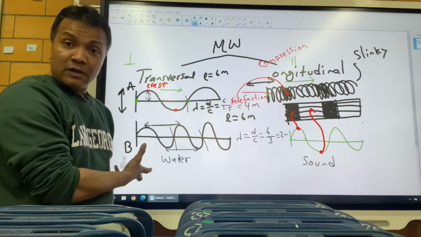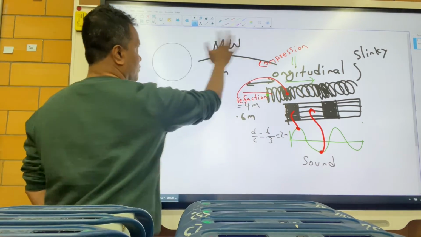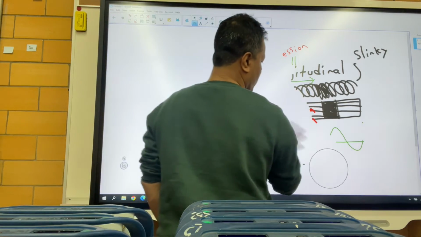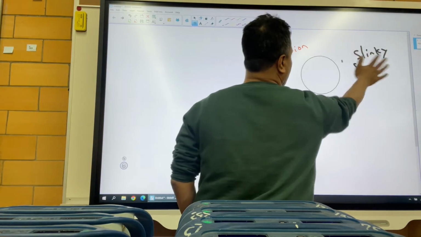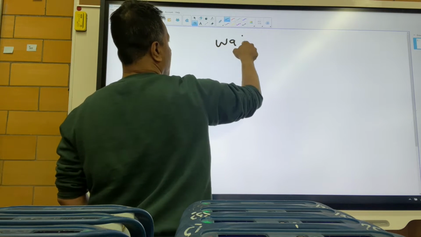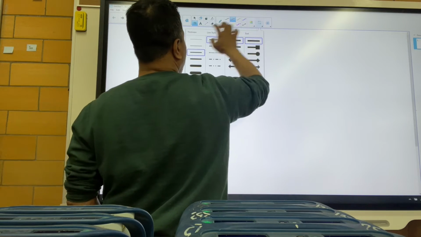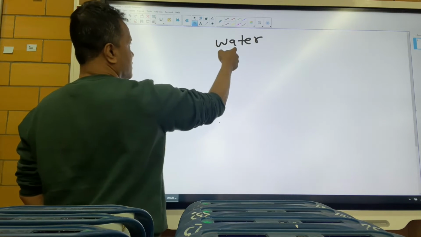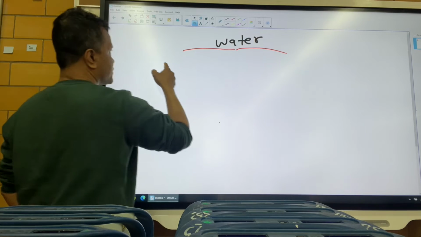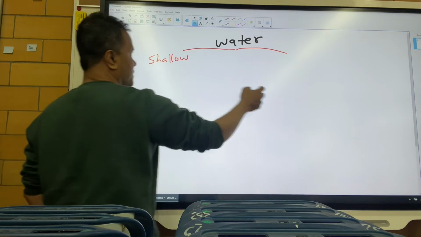All right, now let's take a look at the water. When we talk about water waves, we actually divide them into two parts. The shallow and the deep.